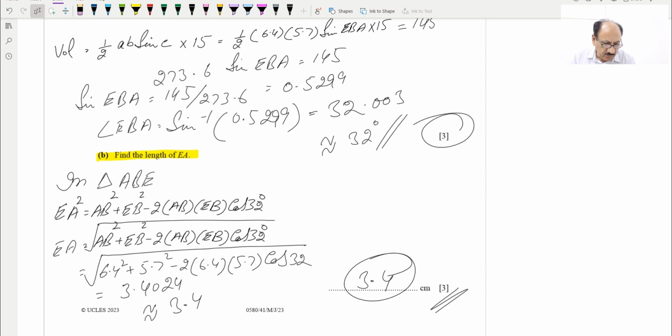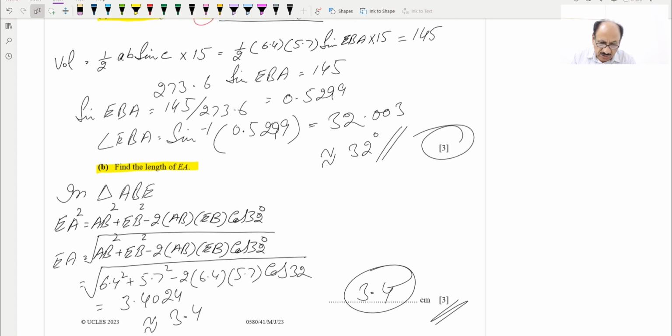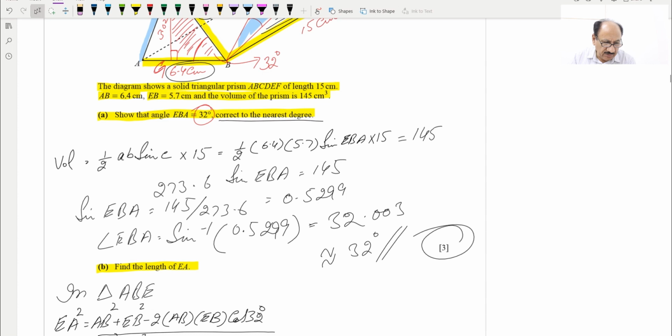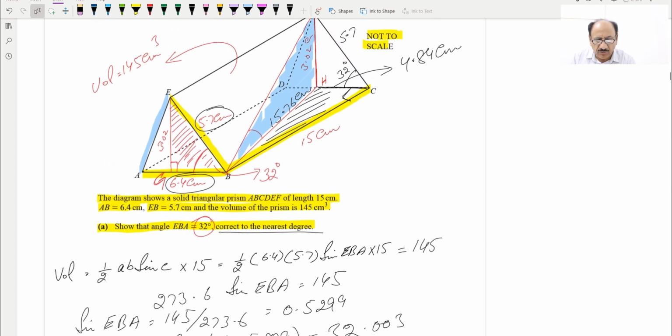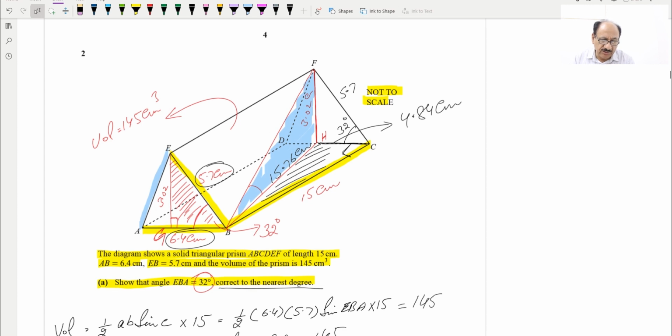In part B we used the cosine rule, very important. And then in part A we have used the volume of 3D shapes formula, and in between that we used the Pythagoras theorem also. So it was a combination of so many things, and hopefully it's a good practice which you have gone through.